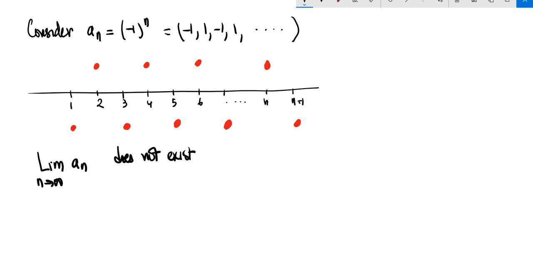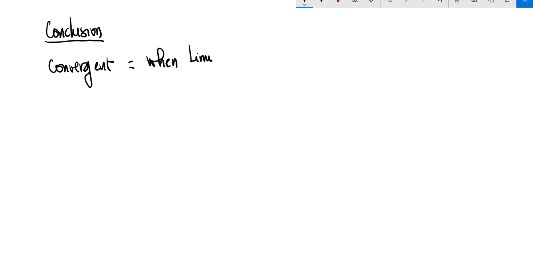Okay, so in conclusion, when it comes to the concept of convergence and divergence, we say that a sequence is convergent when the limit is a single number.